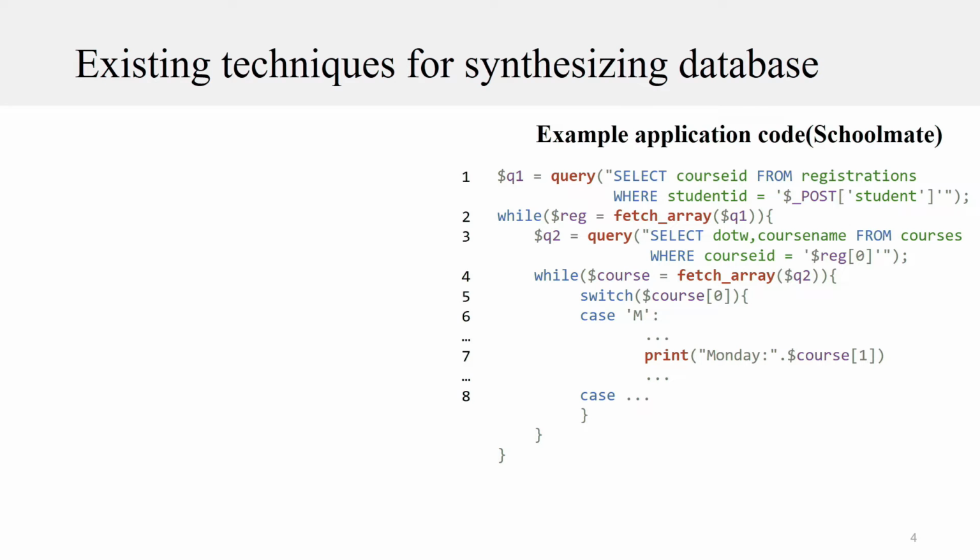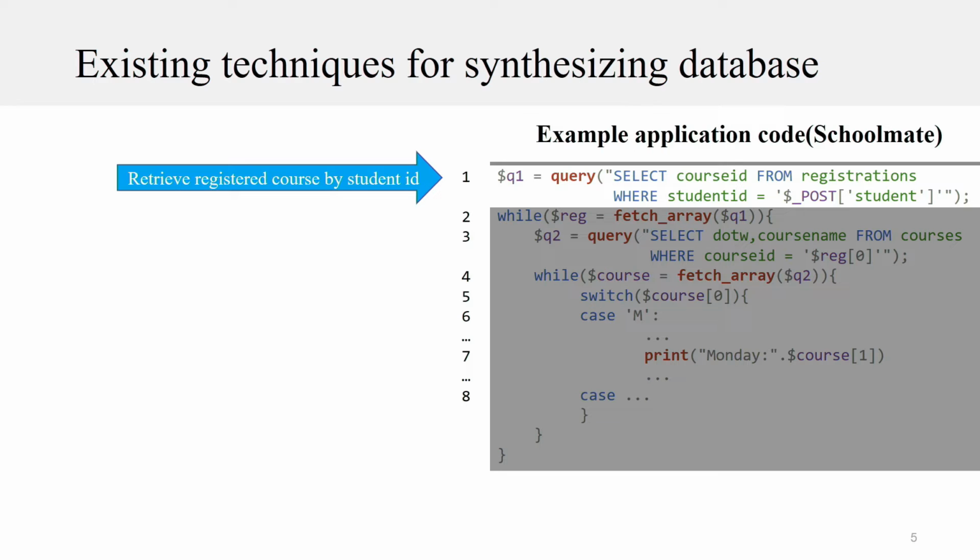Now let's look at a motivating example. This code is borrowed from a real-world application called SchoolMate, which is used for school management. This is a part of a PHP script that will display a student's weekly schedule.